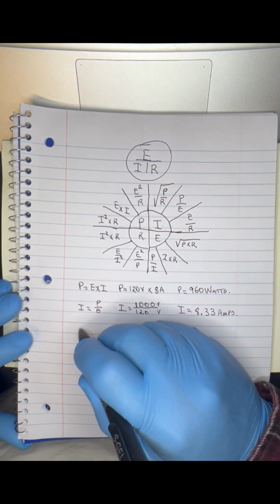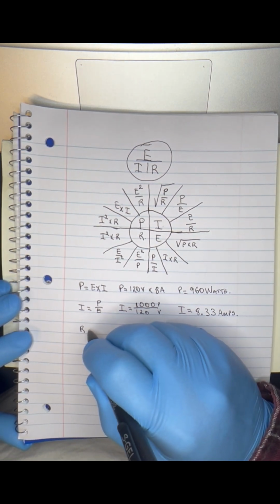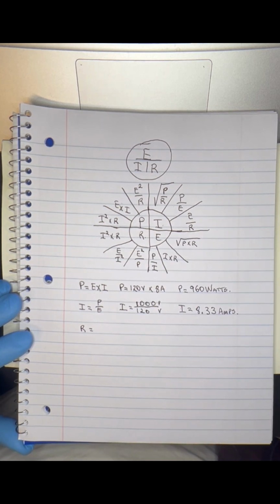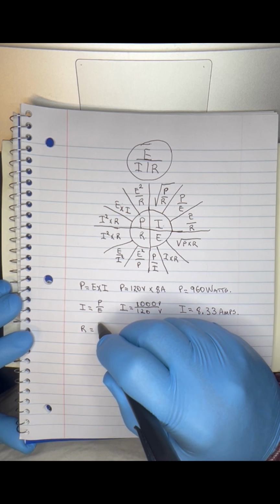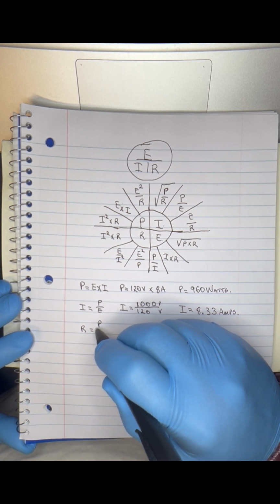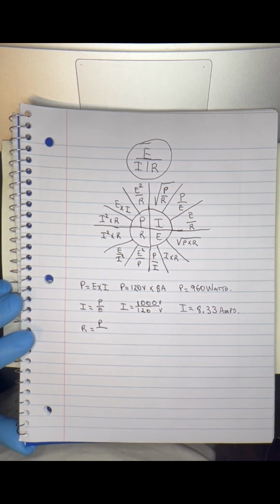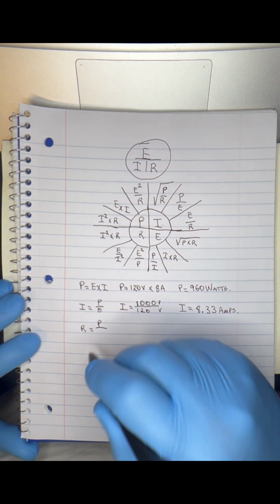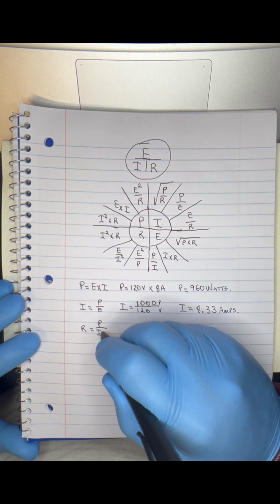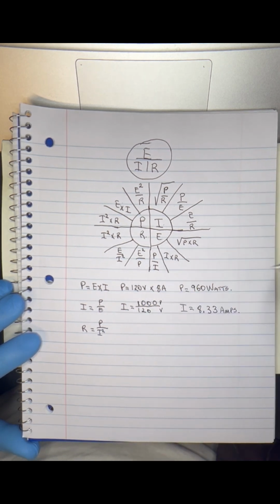Let's go to R. It's resistance. For example, we know the power, any power, hair dryer, microwave oven, anything. And we know the current.